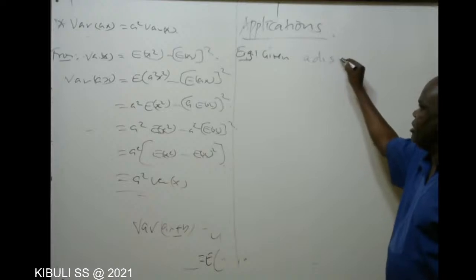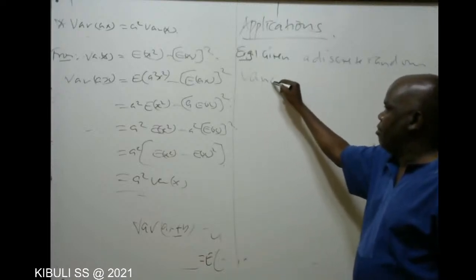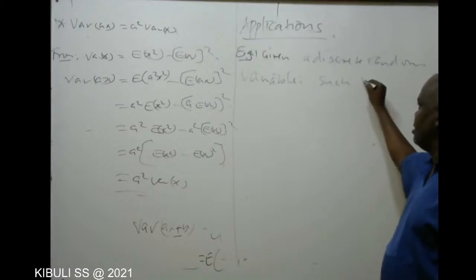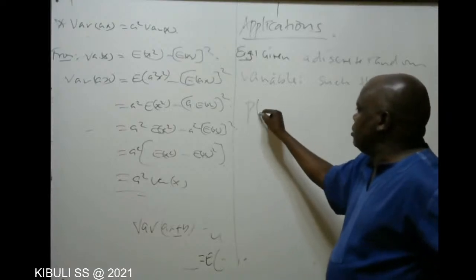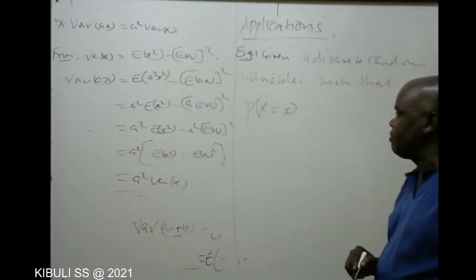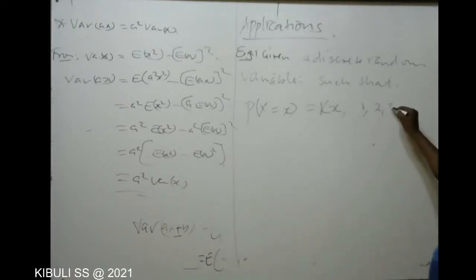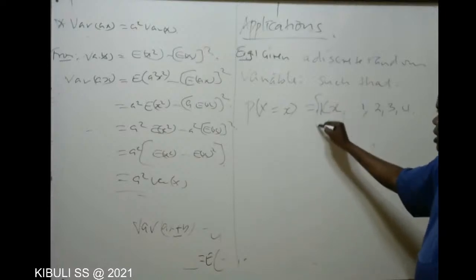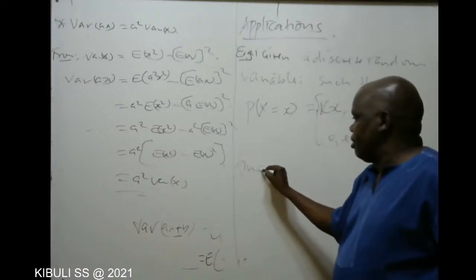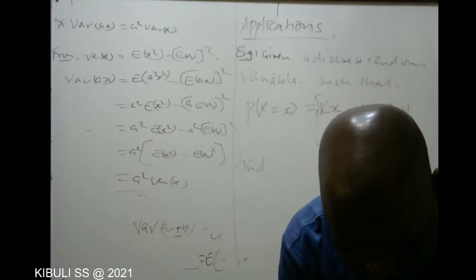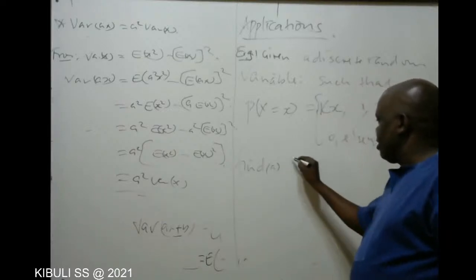Given a discrete random variable, such that the probability of x is equal to kx, if it is discrete, with values 1, 2, 3, and 4, and 0 elsewhere, as we discussed last time, and say somebody says find A, the constant.